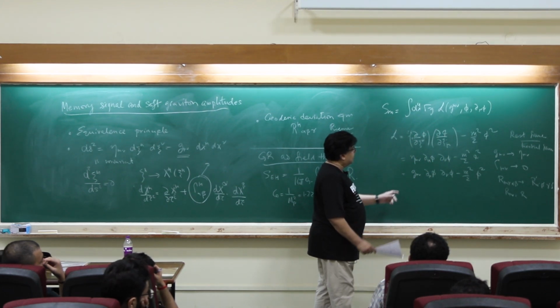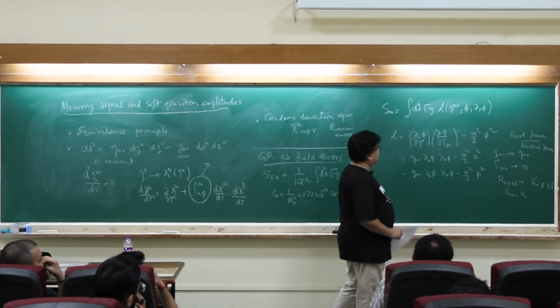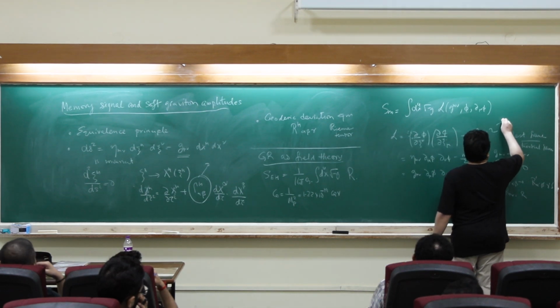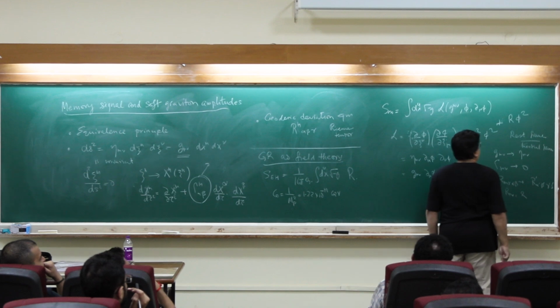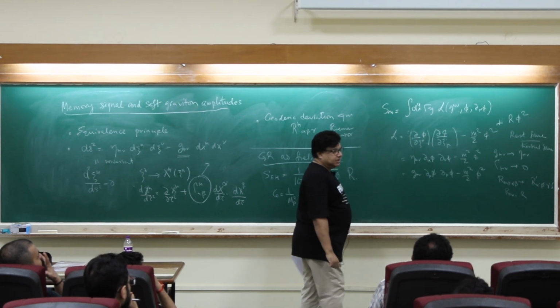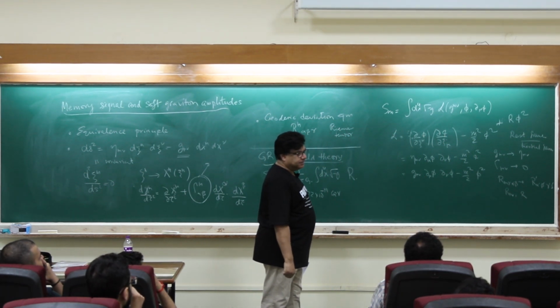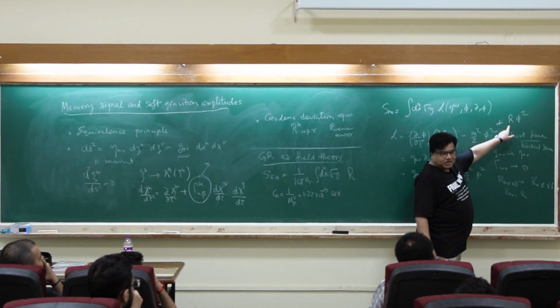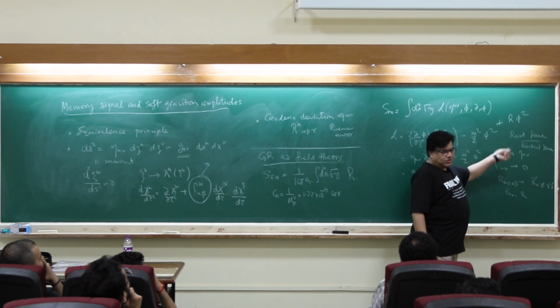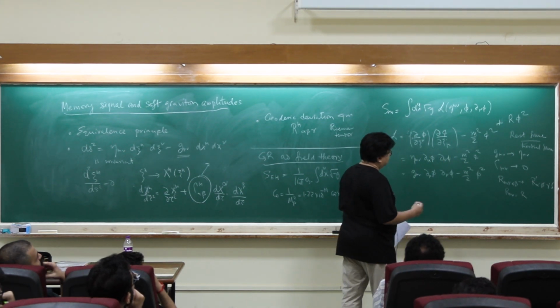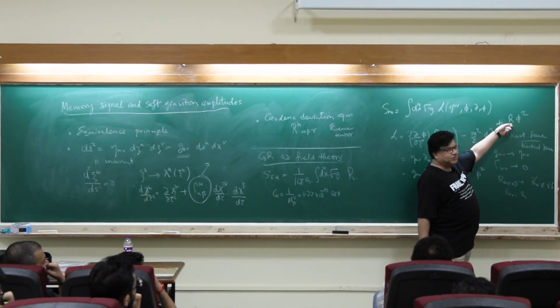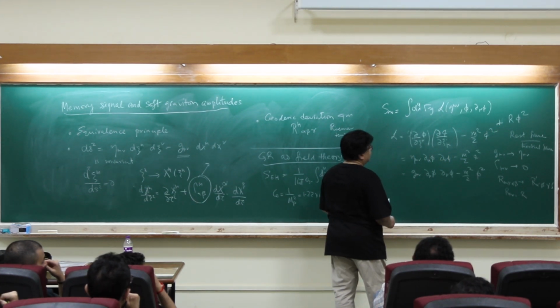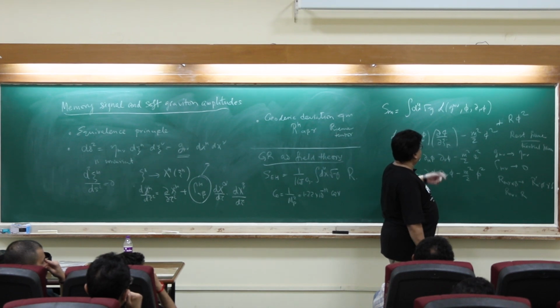Which means that when you're writing the action, if you include terms like, so you can write a covariant term like R phi square, for instance. But this will violate the equivalence principle, because this will not go to 0 in your rest frame. You can of course have that, but this goes beyond Einstein's theory. Einstein's theory will not allow you, even if it's a covariant term, to write that in the Lagrangian.